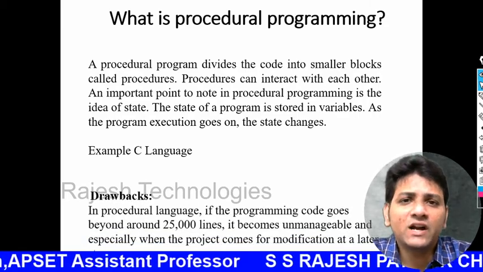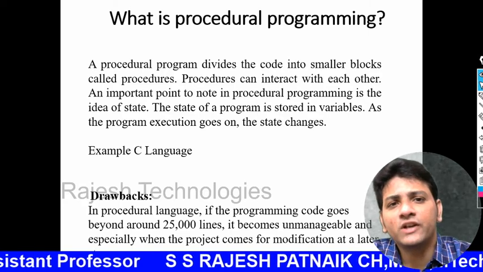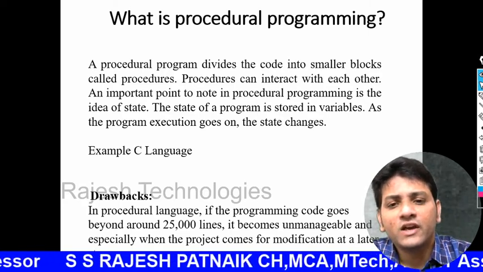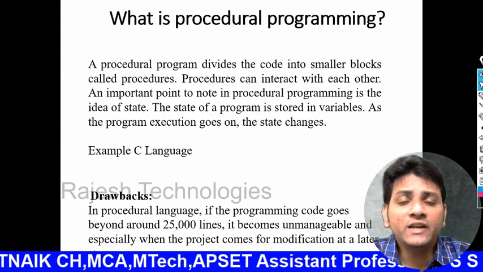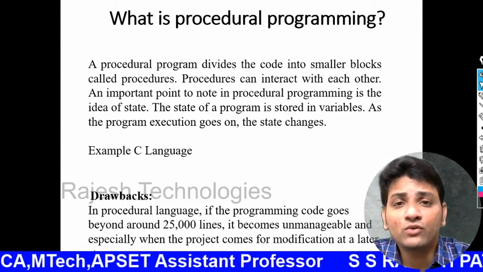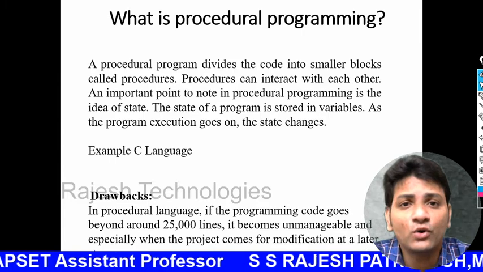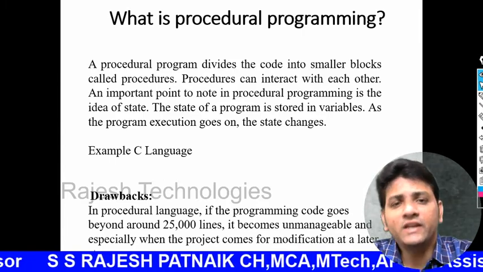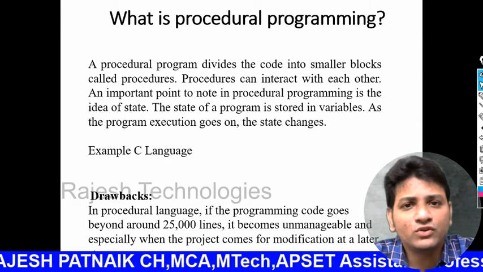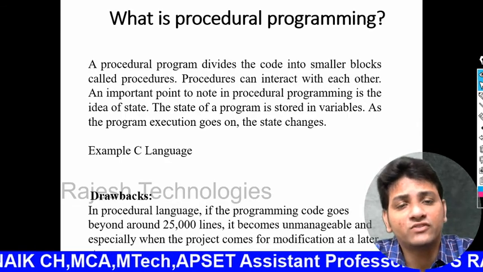So what are the drawbacks of procedure oriented programming approaches? In a procedural language, any program goes beyond around 25,000 lines of code at minimum, because whenever we develop any kind of application, it takes lots and lots of lines of code.